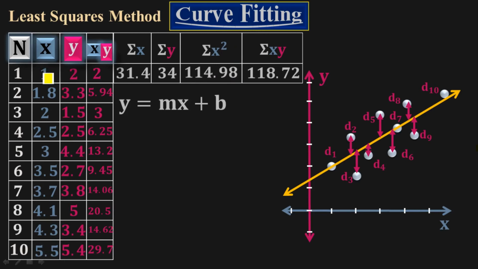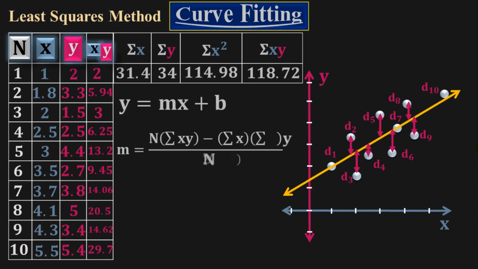First you have to take the square individually for the x, and then add all those values. You will get 114.98. Similarly, sigma x times y, which is the summation of x times y. You have to add all these values, and you will get 118.72.